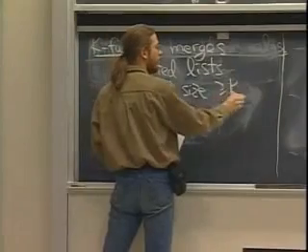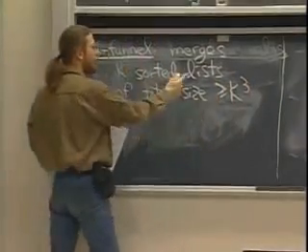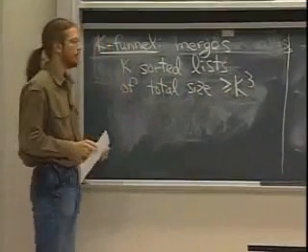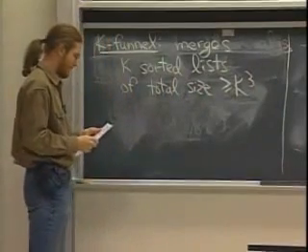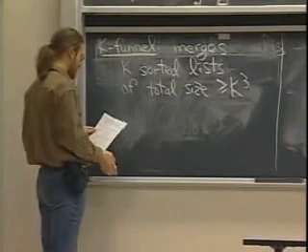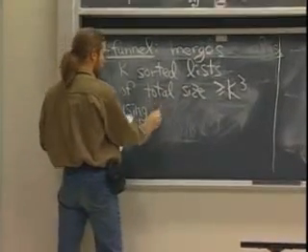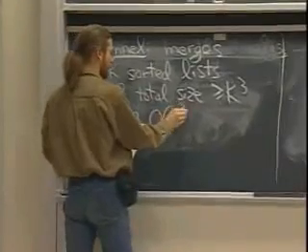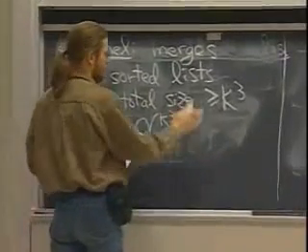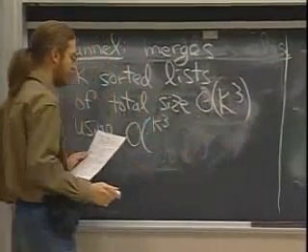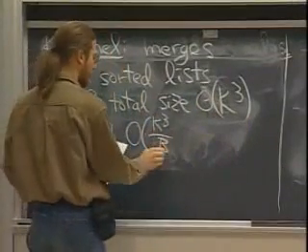We want the total size of those lists, if you add up all the elements in all the lists, to be at least k cubed. That's the assumption. Actually, I should really say theta k cubed. I also don't want it to be too much bigger than k cubed. Sorry about that.